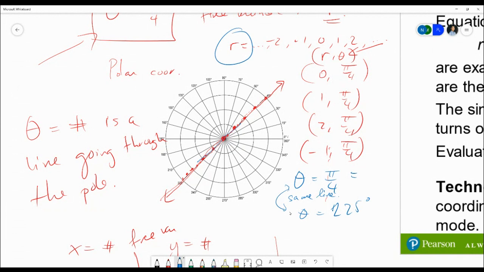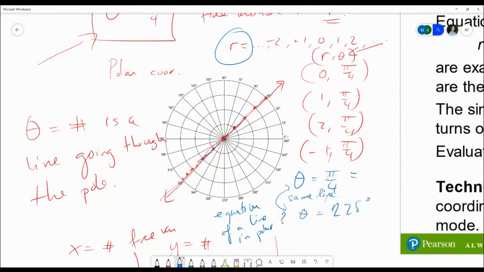They are coterminal angles, pi over 4 and 225. I'm sorry, say that again. I don't want to say they're coterminal, because coterminal angles are different from this. These two are equations of a line in polar form.